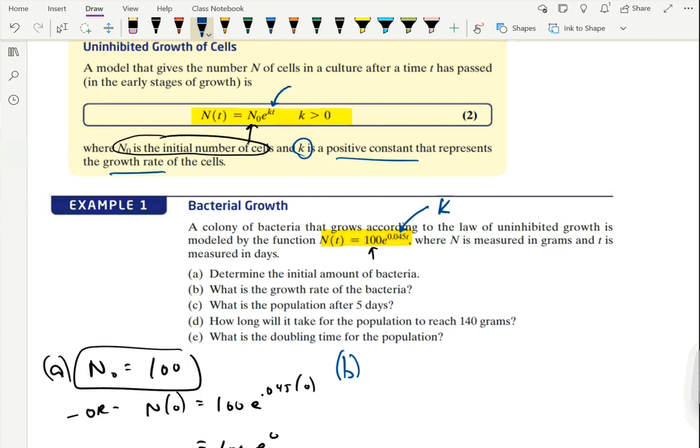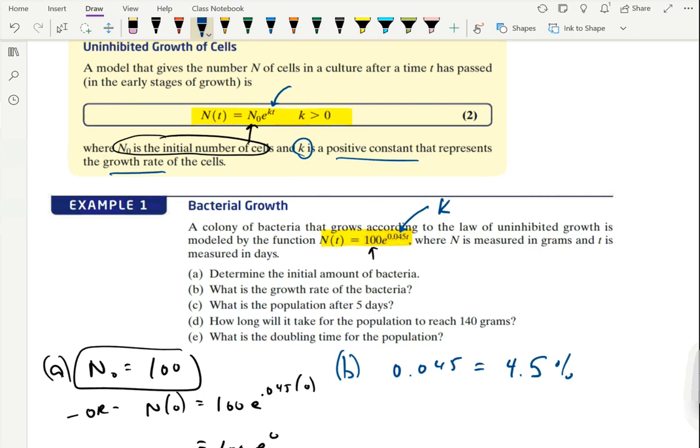This is going to be 0.045, which is the same as 4.5%. Let me clean up my 5 here. There we go. 4.5% is our growth rate. So these first couple of questions, A and B, are basically reading position values in our formula.